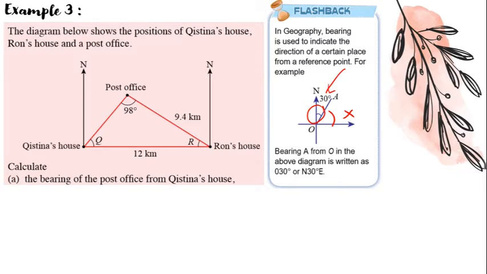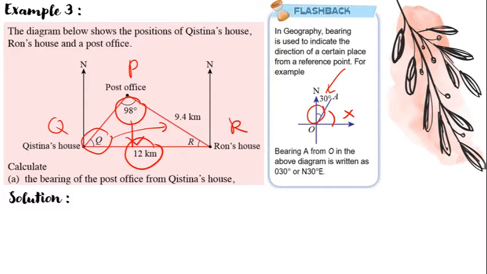Let's say I write the post office as P, Christina House as Q, and Ron House as R. So for the solution, how to find it? The side opposite Q is 9.4. Given also the post office angle of 98 degrees, the opposite side is 12 kilometers.